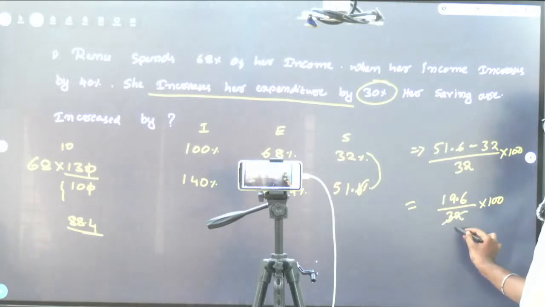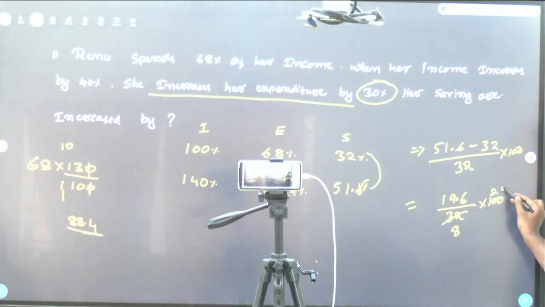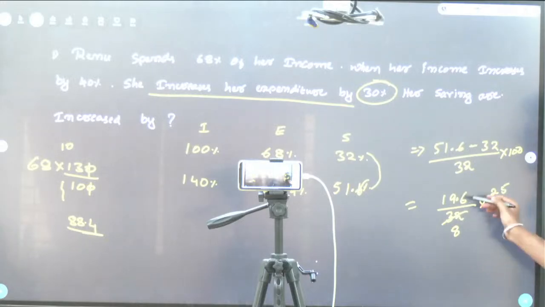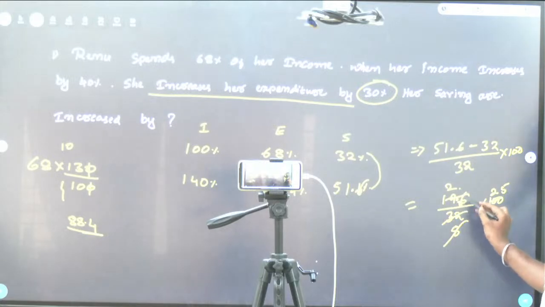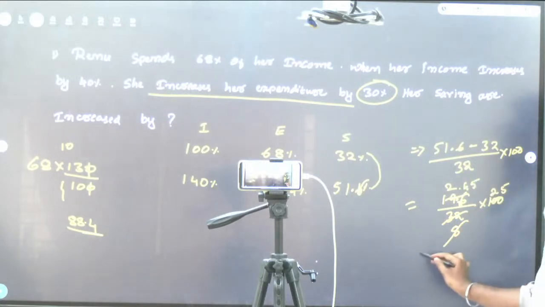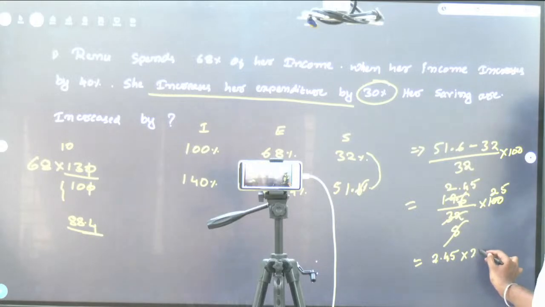Now 4 8s are 32. Now directly 8 1s are 8, 8 2s are 16, carry will be 3, 36. 8 4s are 32. 8 5s are 2.45 into 25. It will be above 50. Will get the answer.